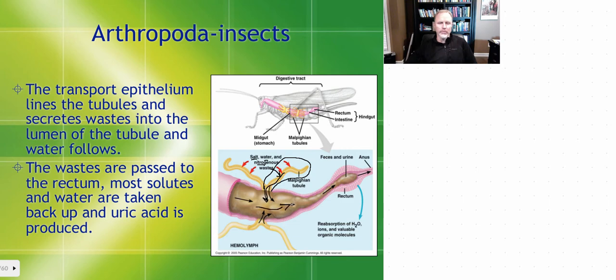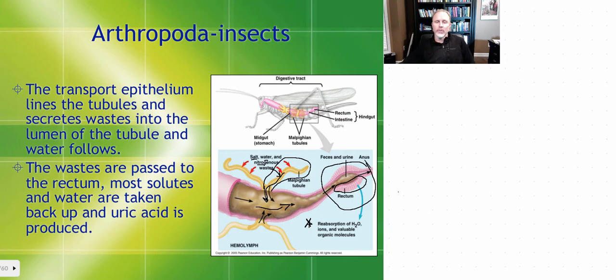It's going to move down towards the end of the digestive tract into the rectum, and this is the spot where you've got these transport epithelial tissue here as well. You can see it lining that, and that's where you're going to reabsorb the water, the ions, and other types of nutrients that are valuable to it.